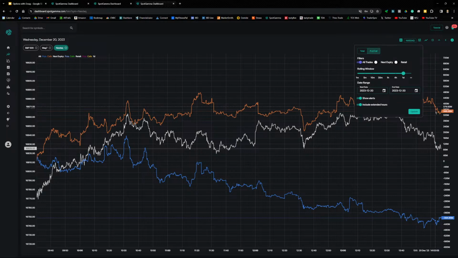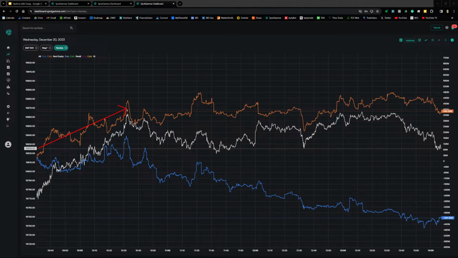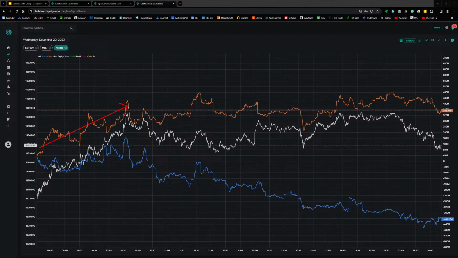A little bit more choppy signal here in NASDAQ, but in the morning traders are buying calls, shown by the rising orange line. They were also initially selling puts. Right around 10:30 they start buying puts, and call buyers more or less take their foot off the gas, and then price consolidates.